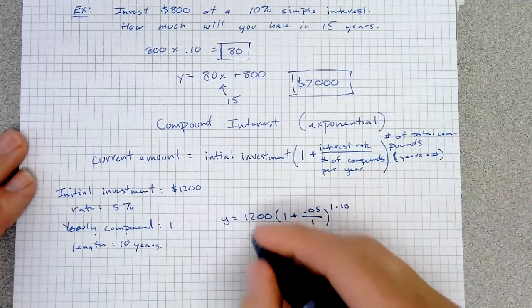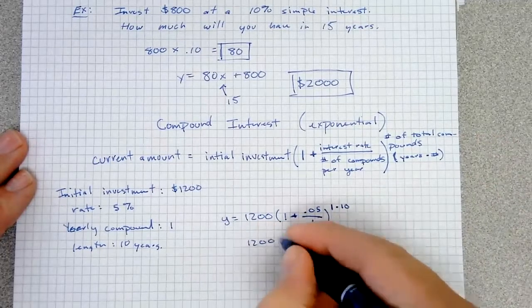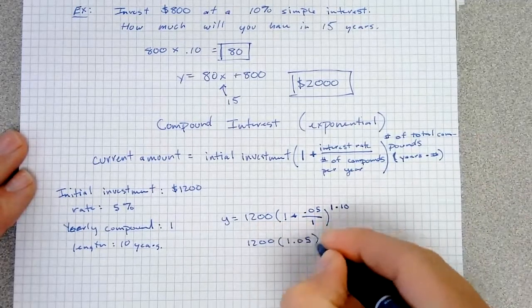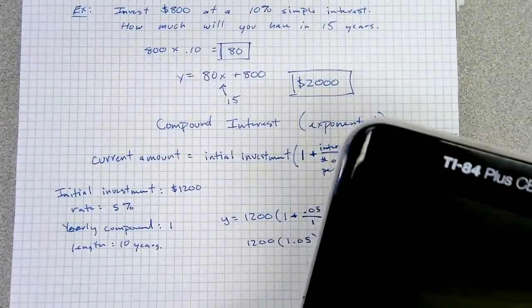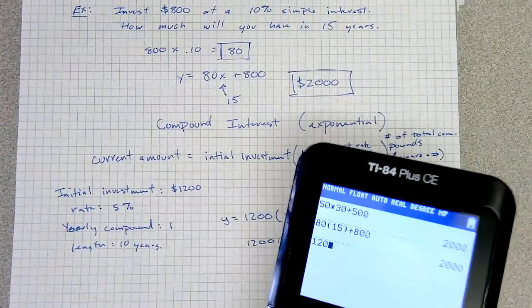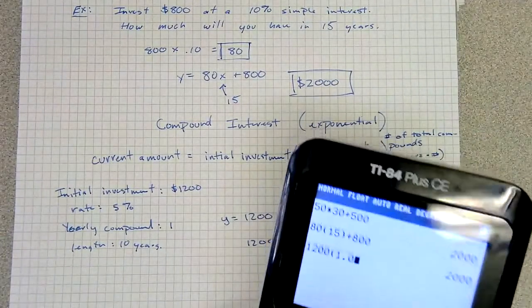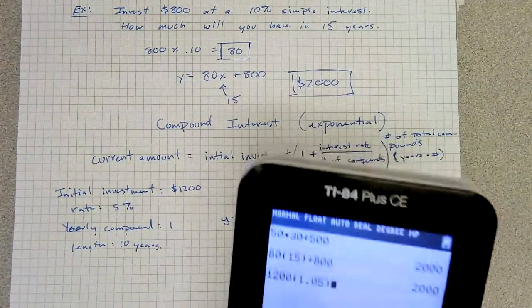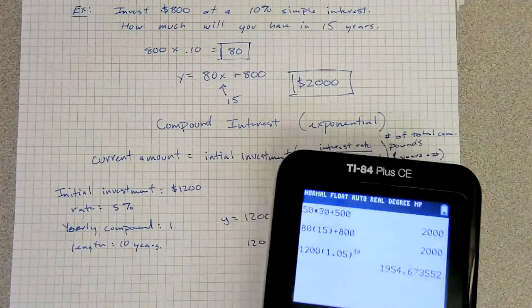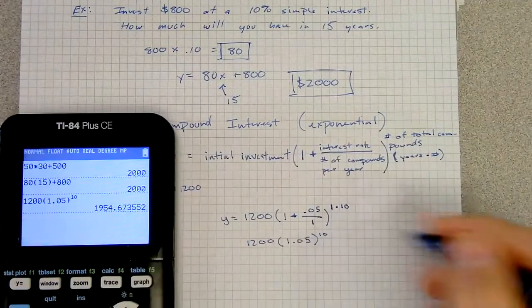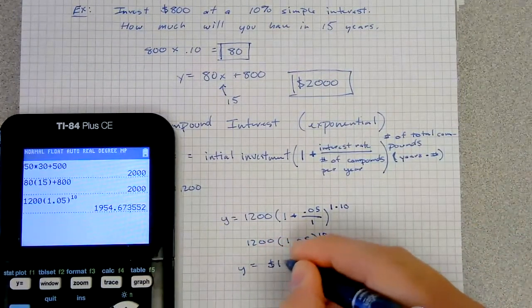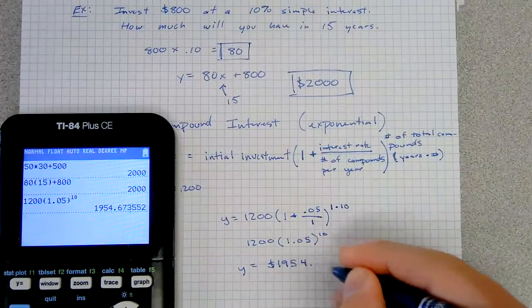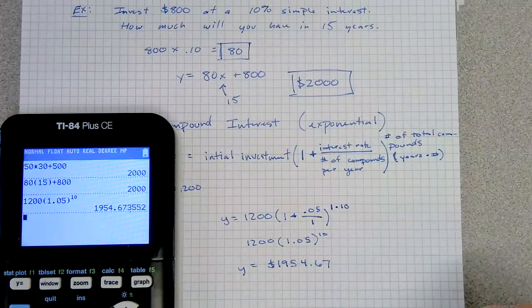If we wanted to clean up the equation, it's just 1.05 raised to the 10th. 1.05 raised to the 10th comes out to be, somewhat close, so after 10 years you'd have $1,954.67.